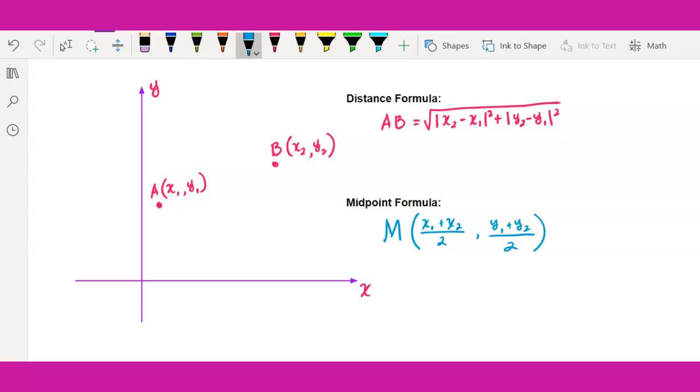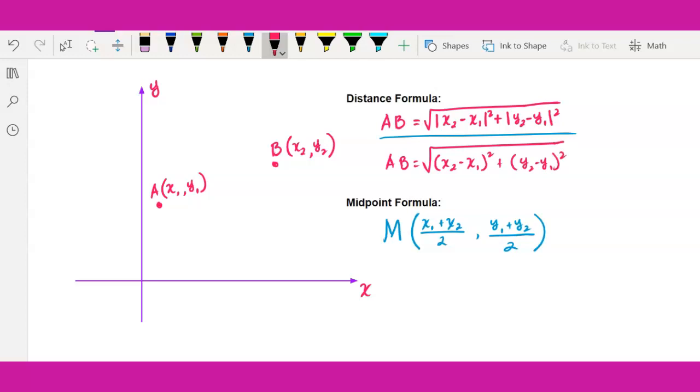Now, in some other books, the distance formula will take a different form. Sometimes you will see that the distance formula is AB equal to the square root of, instead of the absolute value, parentheses: x2 minus x1 squared plus y2 minus y1 squared.